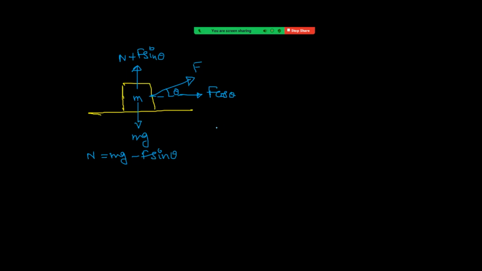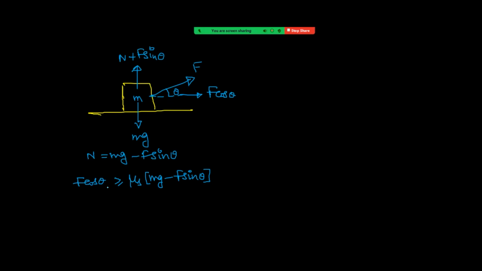So for the block to move, the condition is that the parallel component, F cos theta, should be greater than or equal to limiting friction, mu s into normal reaction, that is mg minus F sin theta.